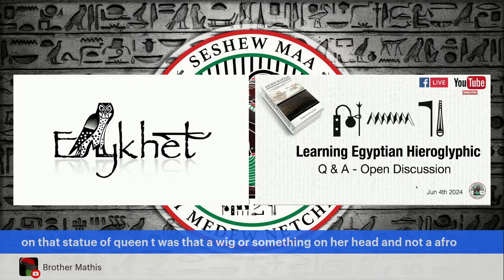Malhapri, Queen T, Thuya, and Yuya are others used in these conversations, and who else? Oh, and Ahmos Nefertari, as well as Mentu Hotep.